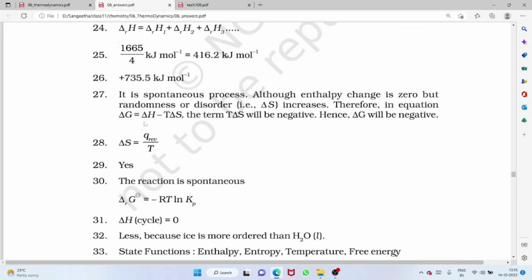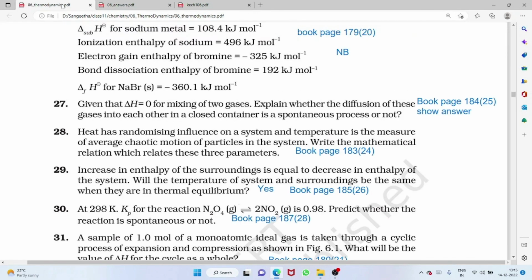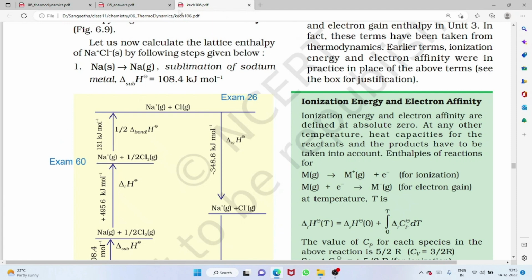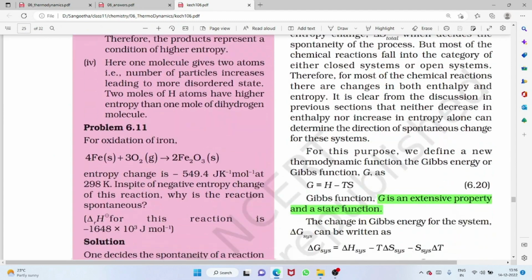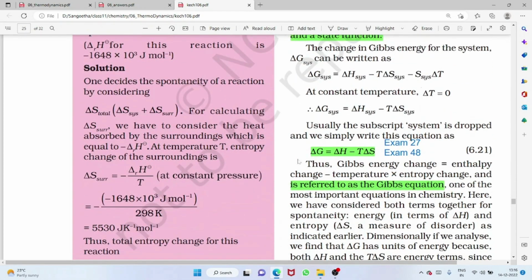Therefore in this equation, when you increase delta S, delta G will become negative. This is the equation. So when delta S increases, delta G becomes negative, and that is spontaneous.